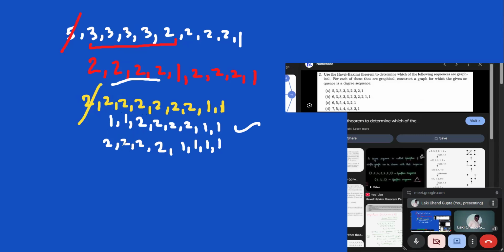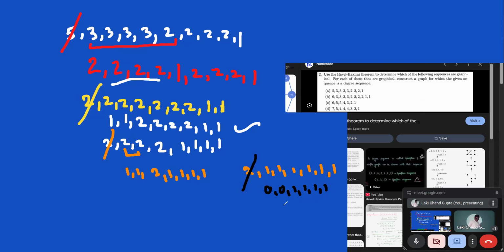So when you delete this, 1, 1 is subtracted. Again, arrange in descending order. Understood? 6 ones are there. When you delete this, 1, 1 becomes 0, 0.